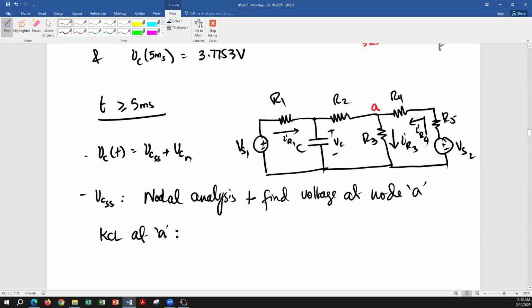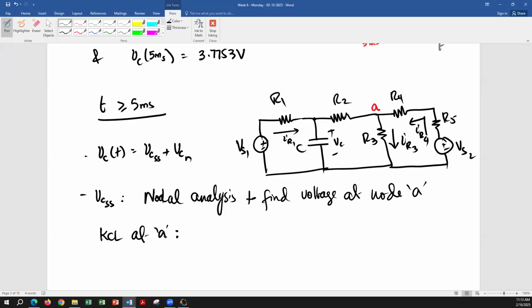All right, Natasha, what will be the KCL equation at node A? No, we are opening VC. You're opening capacitor. That's open.